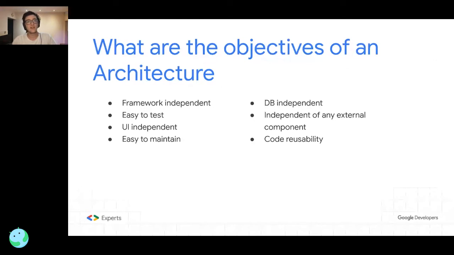It's DB independent, so we can have any database, ORM or anything, and it's really easy to maintain in this layer that we will talk about in an example after these slides. So it's independent of any external component.